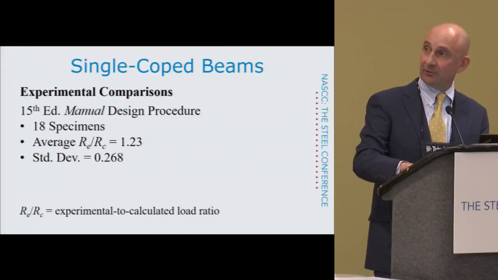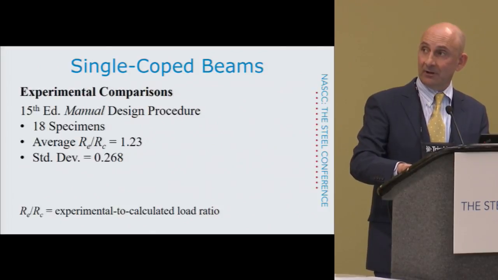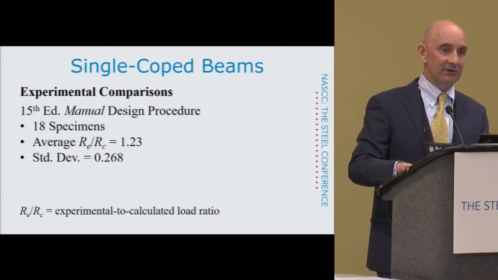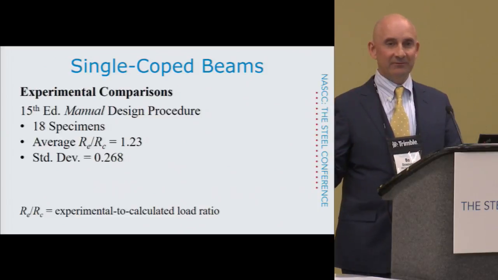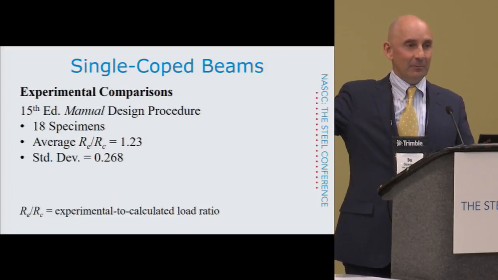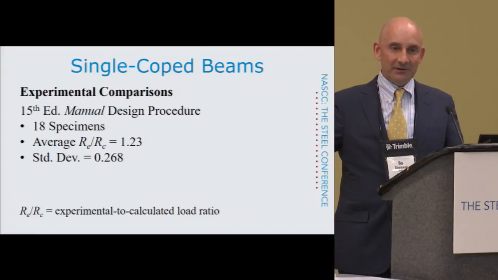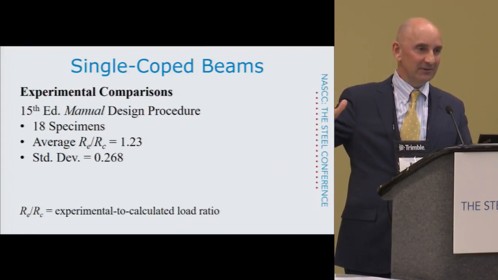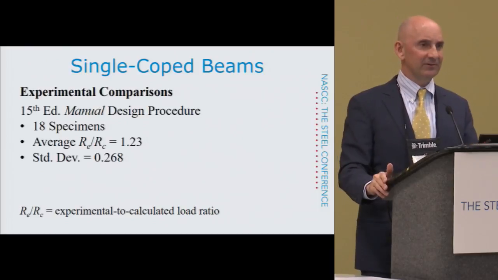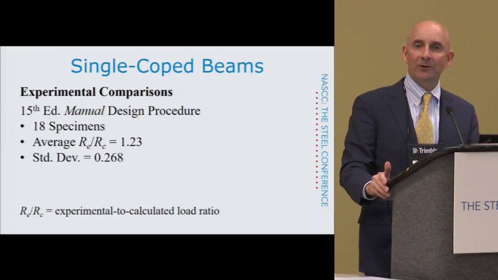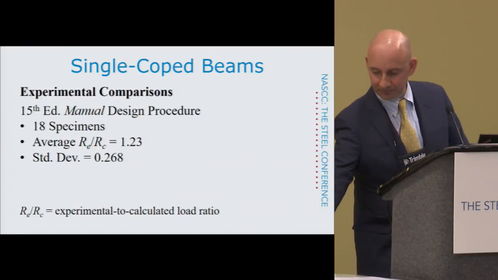So you can think of this number, the 1.23, as being on the conservative side if you want. That's just kind of how my mind thinks: if it's bigger than 1, it's on the conservative side. But you've got some reliability things in there, and there's really not enough specimens to do a full reliability study.